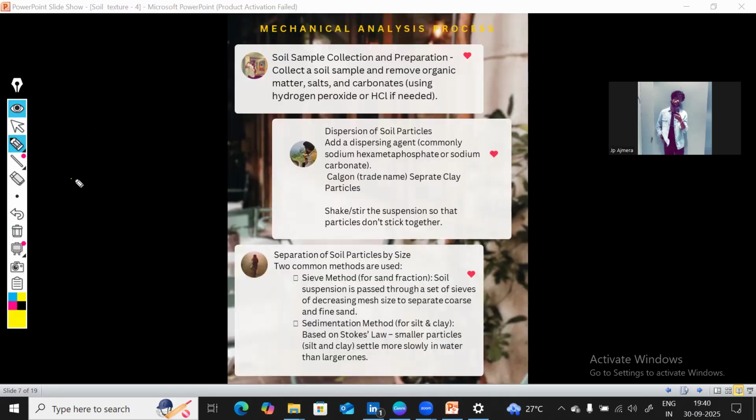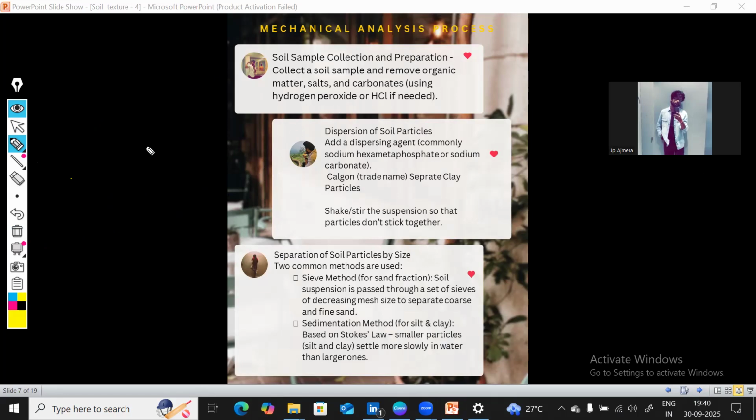What we have to do in mechanical analysis: soil sample collection and preparation. First step, we collect the soil sample and prepare it.